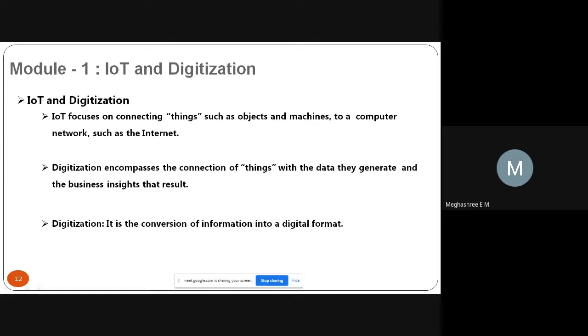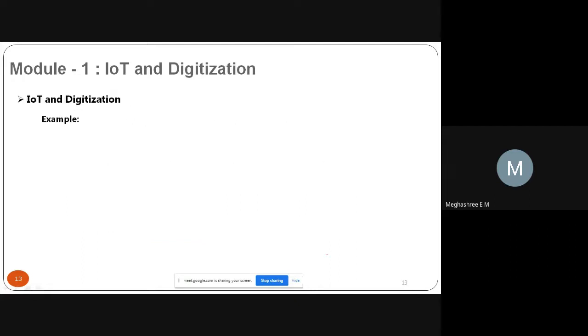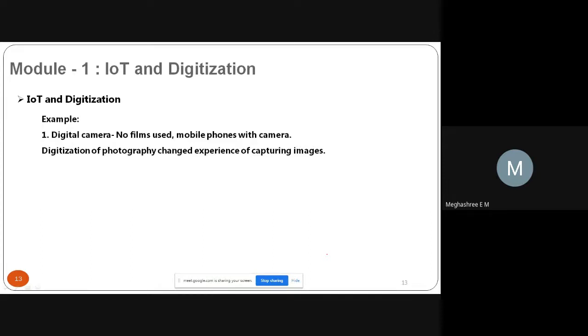Digitization is the conversion of information into digital format. Let's consider this example: the camera. Nowadays we don't use the camera where reels were used to capture an image, and later on it was developed as a photo, right? That kind of camera is not in the market now.